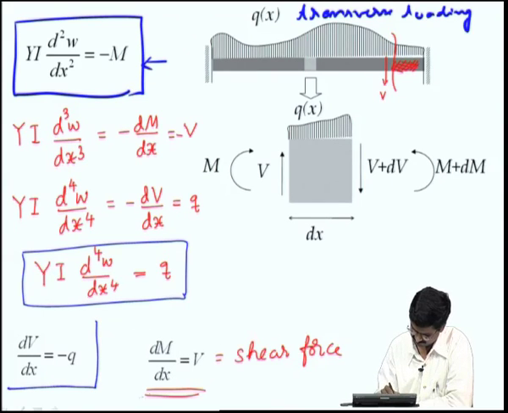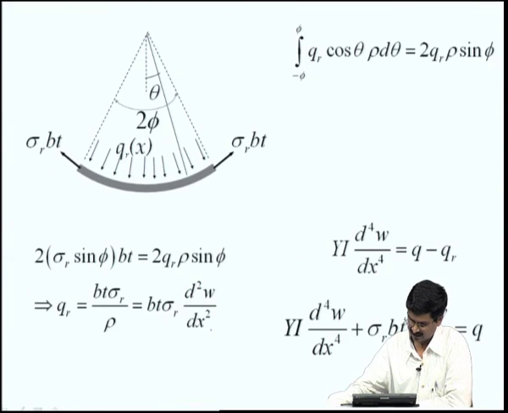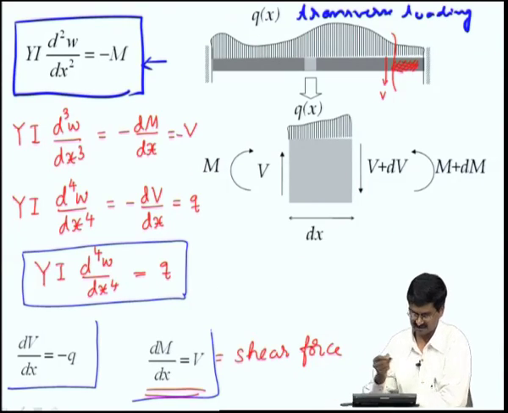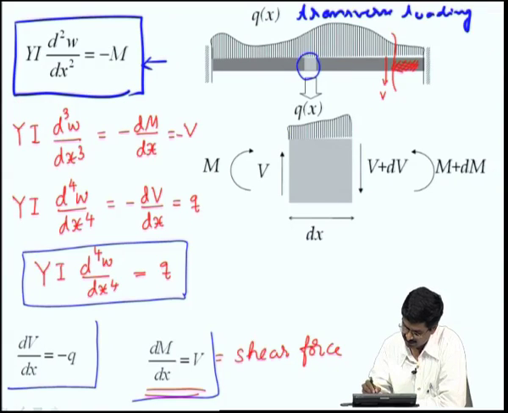Where do they come from? Okay. For that, let us look at this particular diagram. Now, if I take a small element that is shown over here and blow it up as shown here, then there will be a q of x acting on it in the vertical direction. Let us sum the forces there.